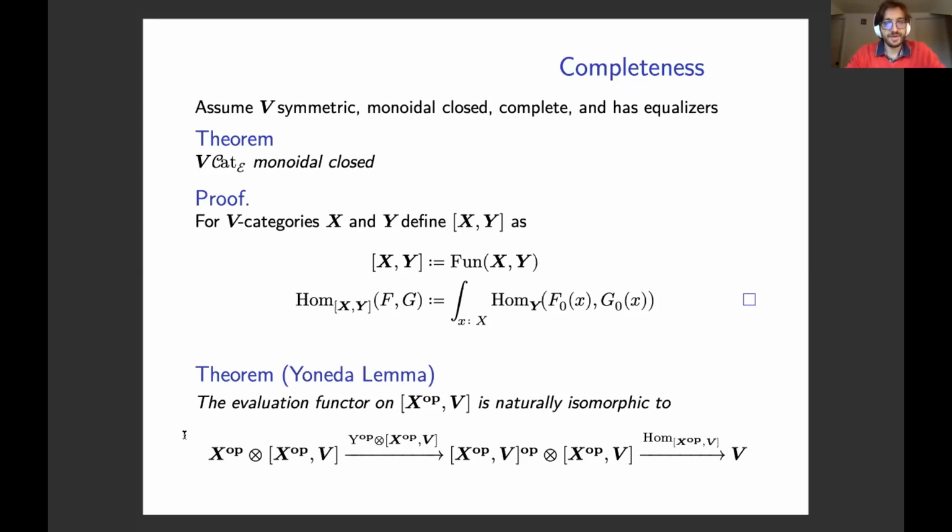So far we have shown that the theory of internal enriched categories is a well-behaved theory in the sense that the category of V-enriched categories is monoidal closed, and it is also expressive in the sense that it allows us to express the Yoneda lemma. And of course, the Yoneda lemma, we take it as a kind of example of something that we really want.